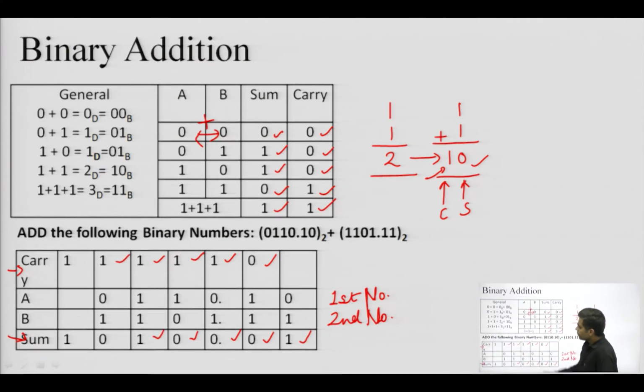In this stage, 1 plus 0 plus 1, ultimately it becomes 1 plus 1, so sum is 0 and carry is 1. With this carry there is nothing to be added, so we can consider it as 0. So, 1 plus 0 plus 0 becomes 1. This becomes my answer, 10100.01. In this way we can add any two binary numbers using this set of simple addition rules. So, this is all about binary addition.